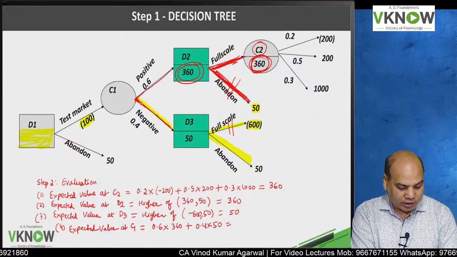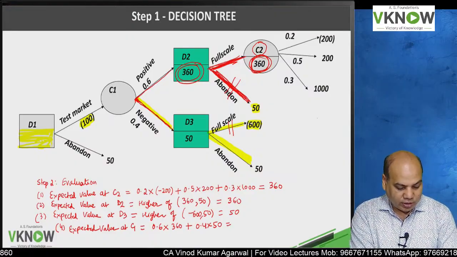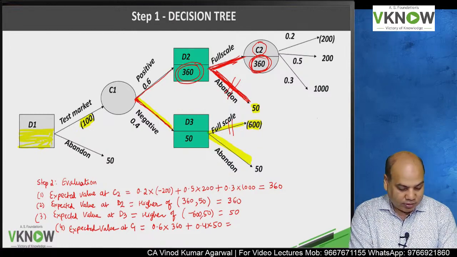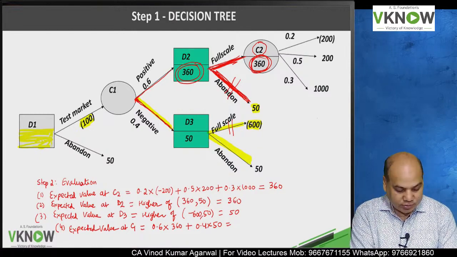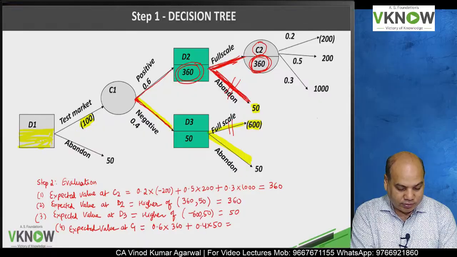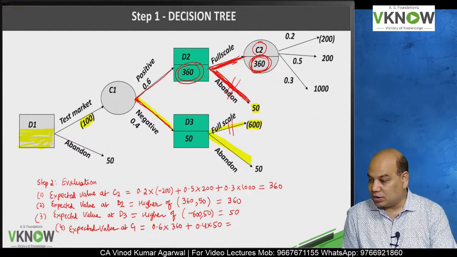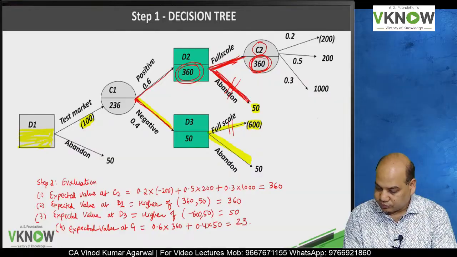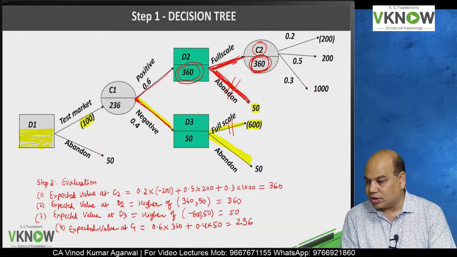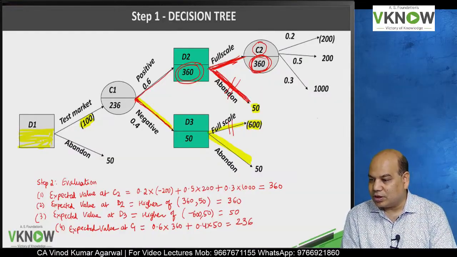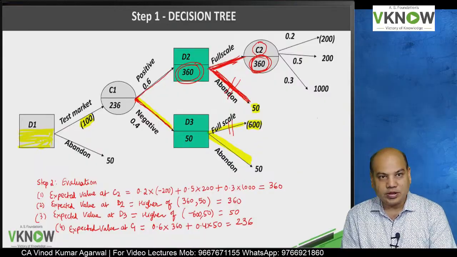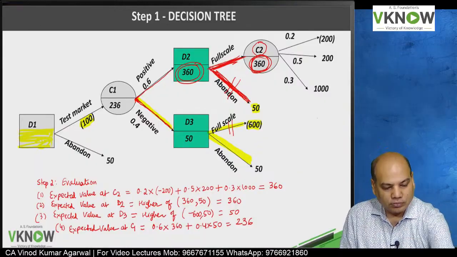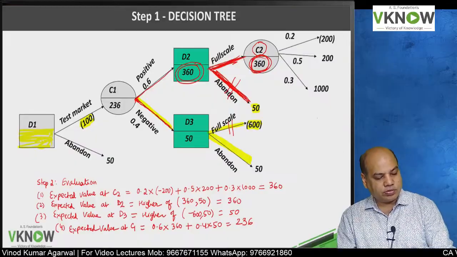Anybody who would participate in discussion and reply? Answer please. 236. The answer is 236. Expected value of C1 is 236.